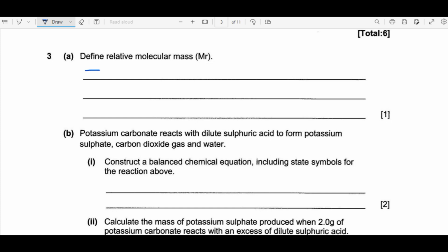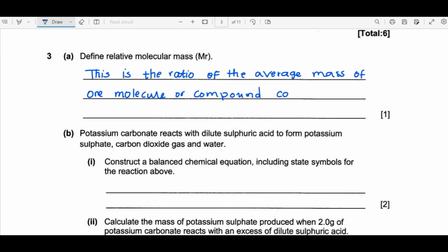We'll say this is the ratio of the average mass of one molecule or compound compared to 1/12 of the mass of an atom of carbon 12.